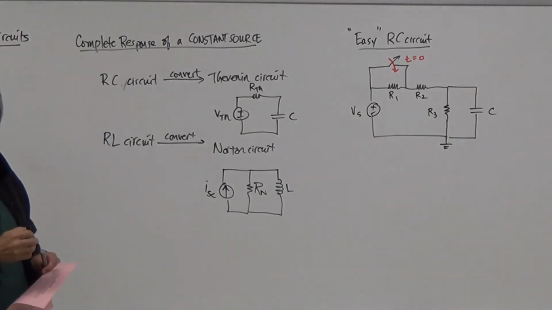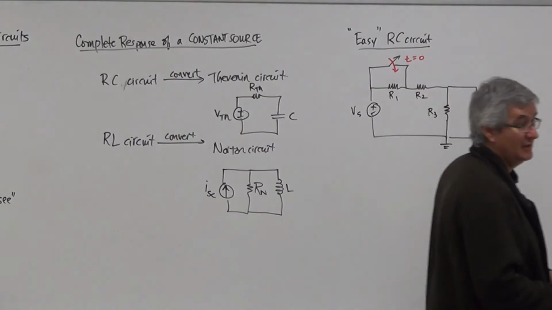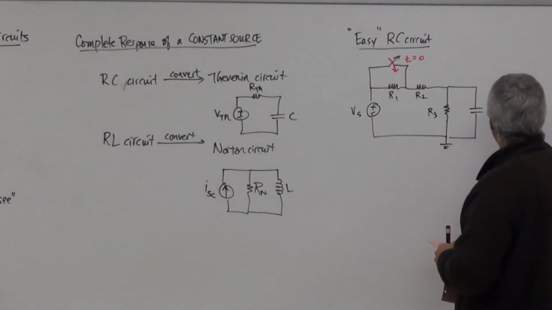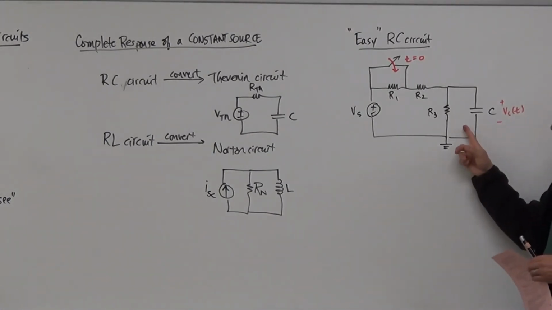And one of the things that we said here is that when we have a circuit like this, what we're most interested in is always calculating the voltage of this capacitor as a function of time. And just like mathematically, as we've talked about already, this requires a first-order differential equation.